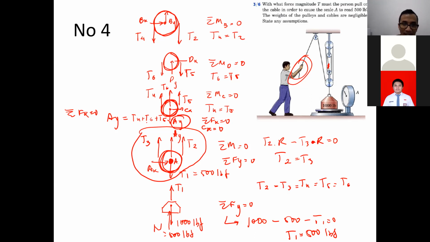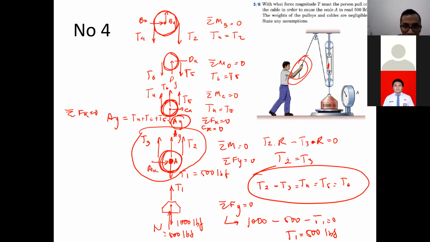Can we find out the value of T2, T3, T4, T6, and T5 there? Remember that everything here is the same, right?